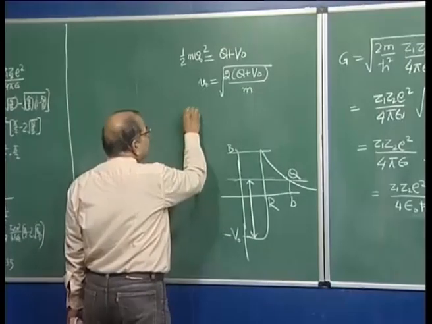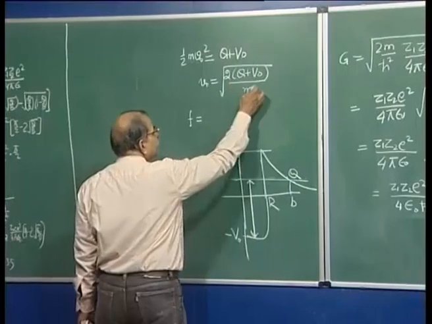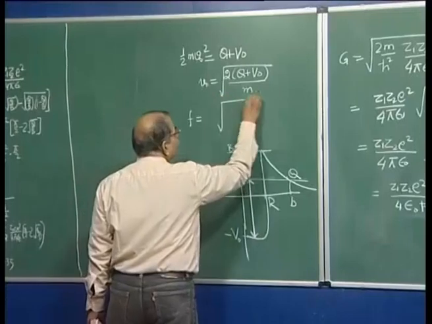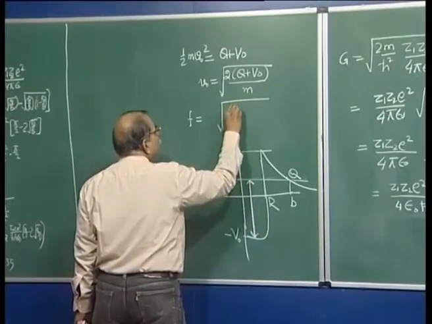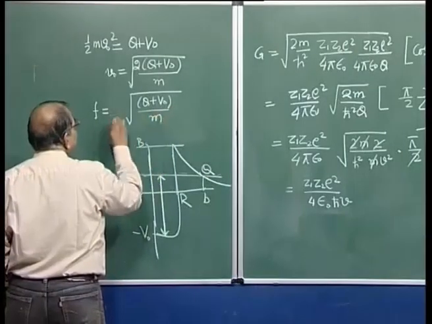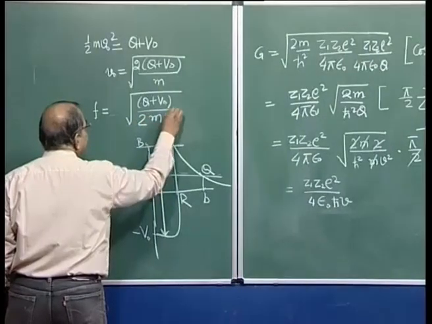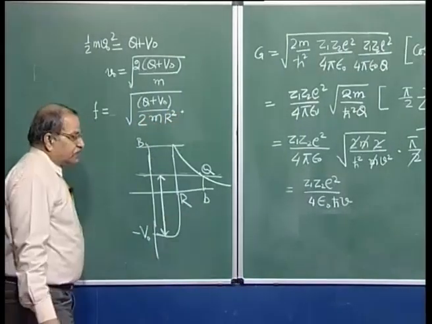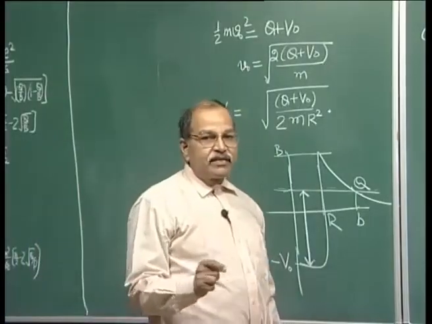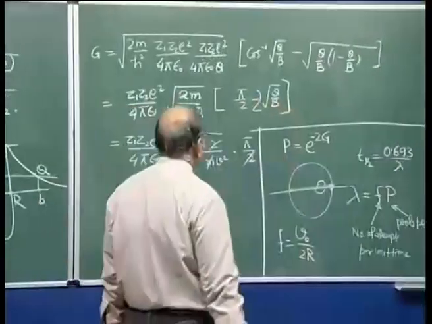And therefore, f is equal to v naught divided by 2R. So, that will be the square root of 2 times Q plus V naught by m, divided by 2R. So, I am taking the inside, so it will be 2 here, R square here. So, that is f. Now I have f, I have p, and I can write the whole expression for lambda, which is f times p.